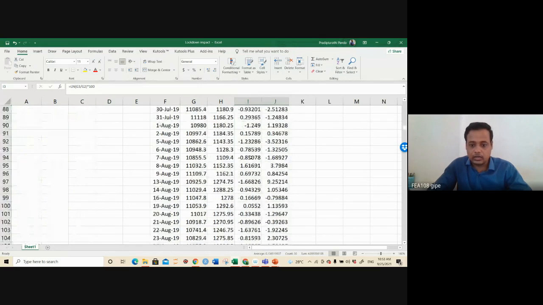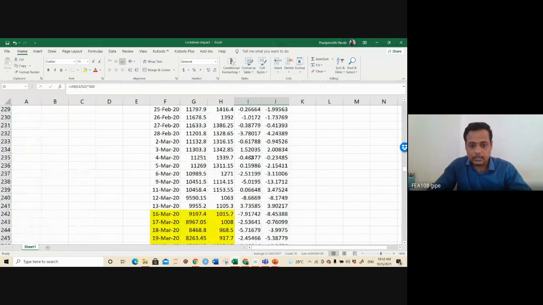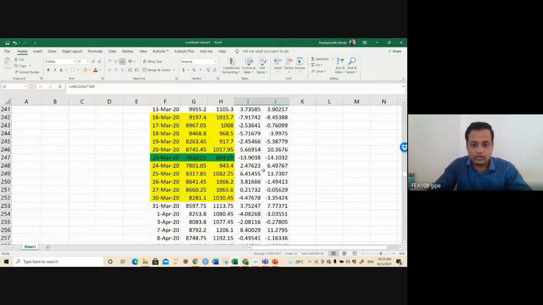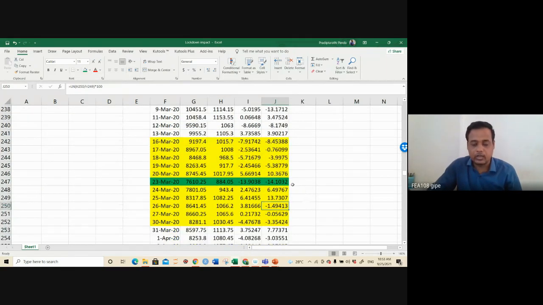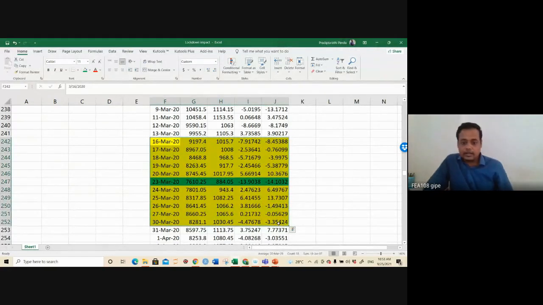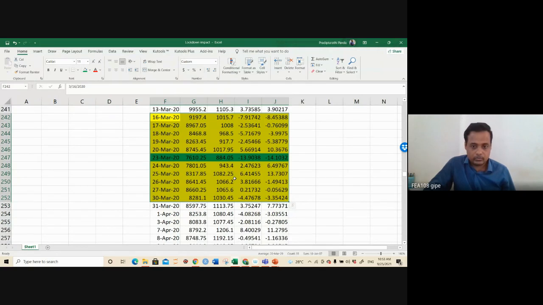Now you got your event window as well and estimation window as well. Now this is your event window return and event date. I hope all of you have reached to this level where you are able to calculate the returns and able to figure out what is your event window. Yes or no? All of you have done so far?